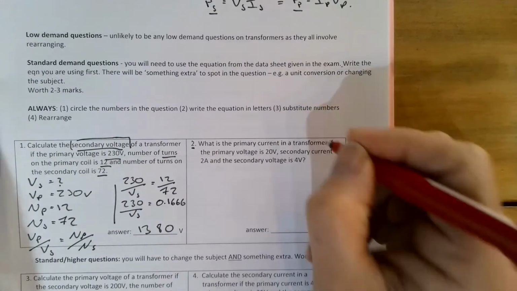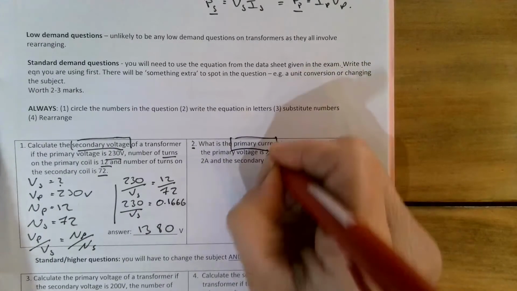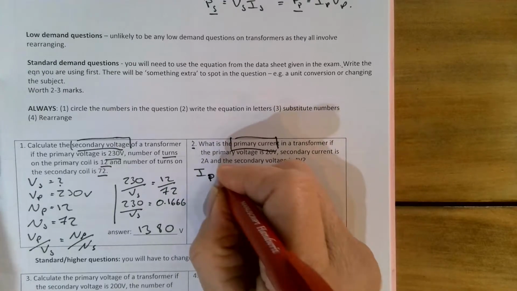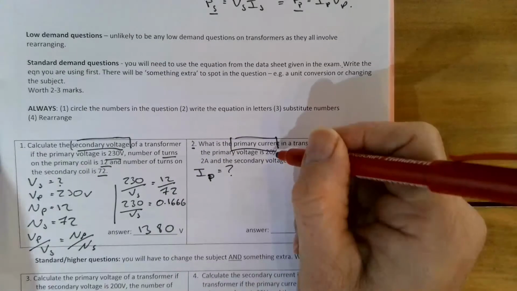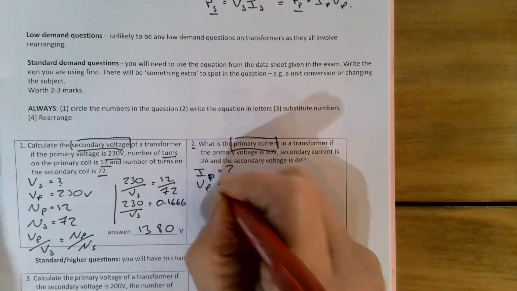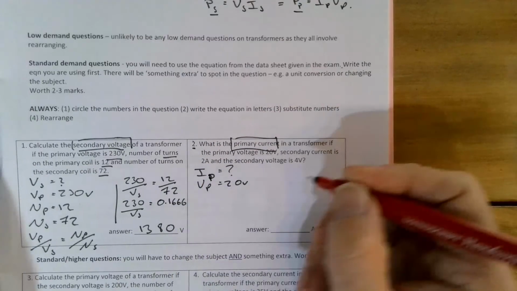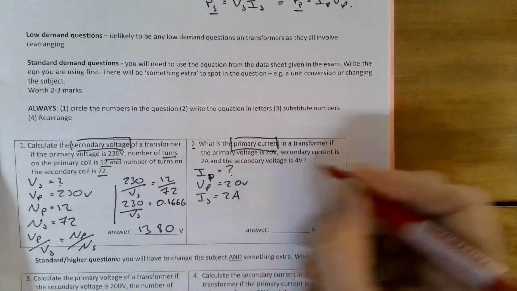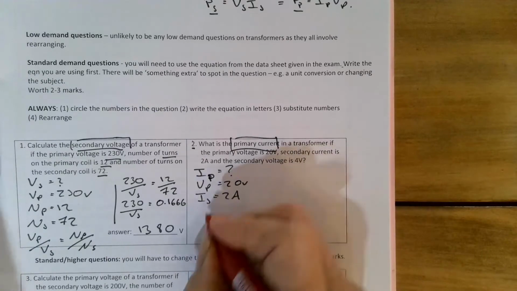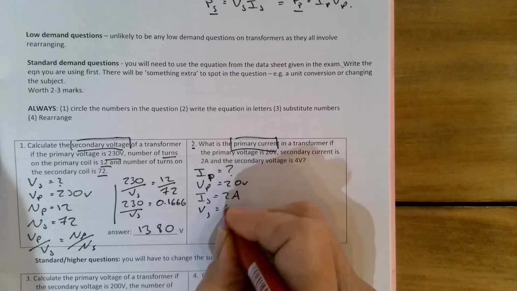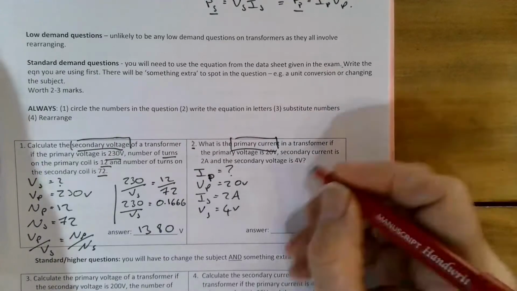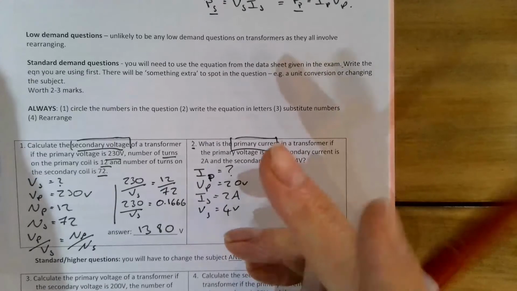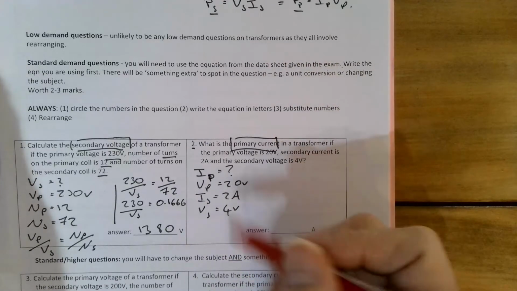Now number 2. What's the primary current in the transformer? So primary current, that's going to be Ip. In a transformer, if the primary voltage is 20 volts, so Vp is equal to 20 volts, and the secondary current is 2 amps, so Is is equal to 2 amps, and the secondary voltage is 4 volts. So we've got Vs, Vp, Is, we need to find Ip.